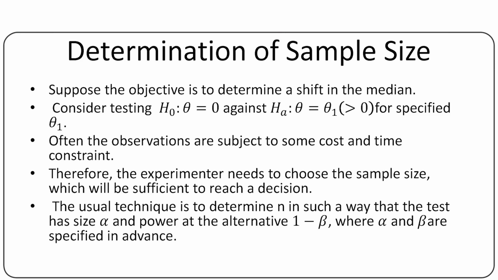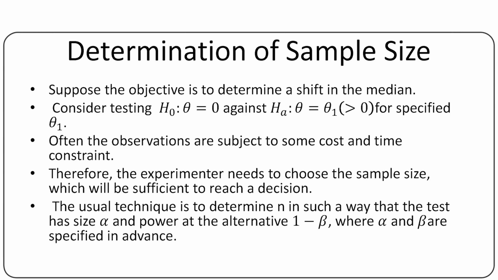We need a random sample to perform a sign test. Suppose the objective is to determine a given shift in the median. Then consider testing H0 theta equal to 0 against the alternative theta equal to theta 1, which is positive, for specified theta 1. Now, the test can be based on a small sample size or a large sample size.